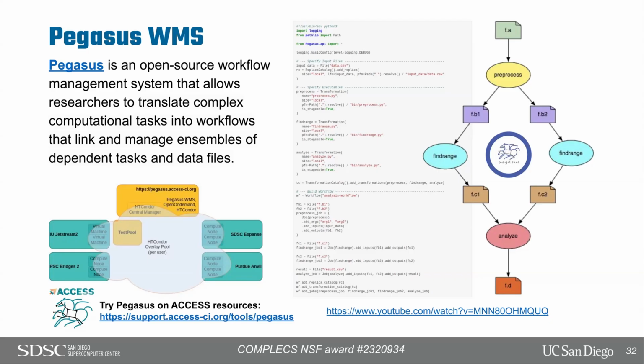It's very feature-rich, has been developed for quite some time, and runs on things like the Open Science Grid and PATh and things like that. And even in ACCESS, I think I have the link here. Yeah, you can try Pegasus on ACCESS resources.